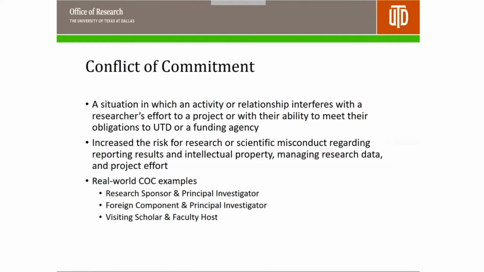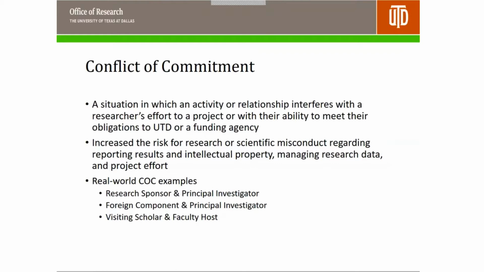Some of the same risks that federal funding agencies see, in terms of a heightened risk for scientific misconduct, transfer of intellectual property, and unauthorized sharing of research data, can occur inside the institution whenever a visiting scholar is involved, or whenever a foreign component is contributing significantly to a federally funded research effort.